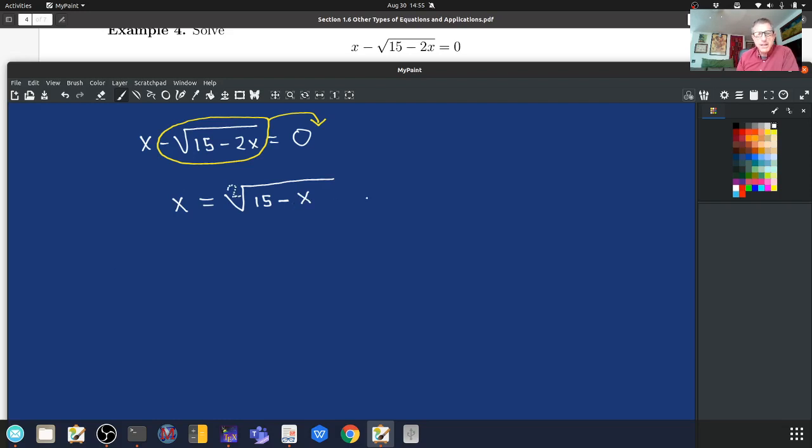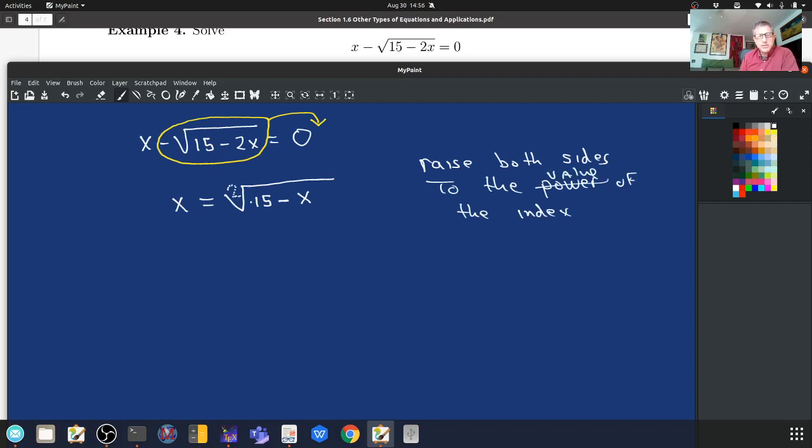So my next step is we're going to raise both sides to the power of the index. Or to the value of the index, I guess is the better way to say that.